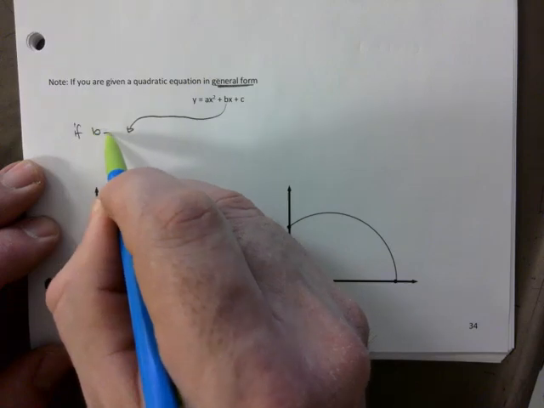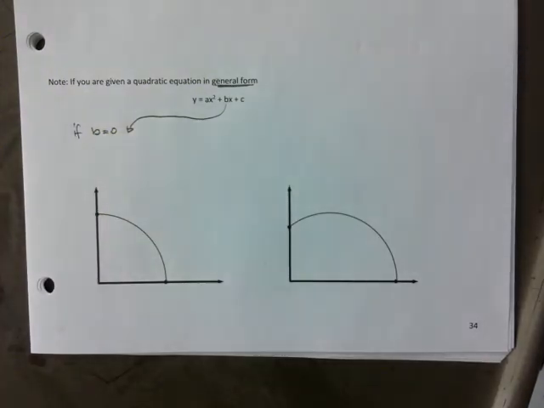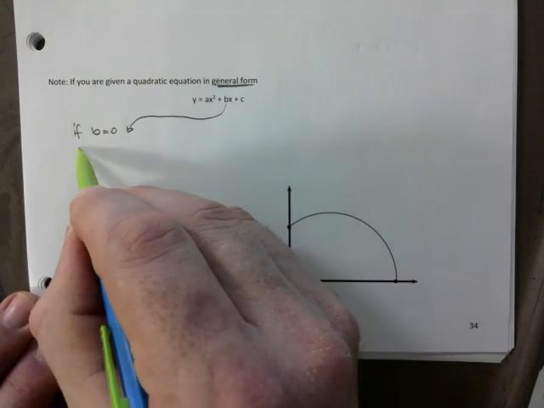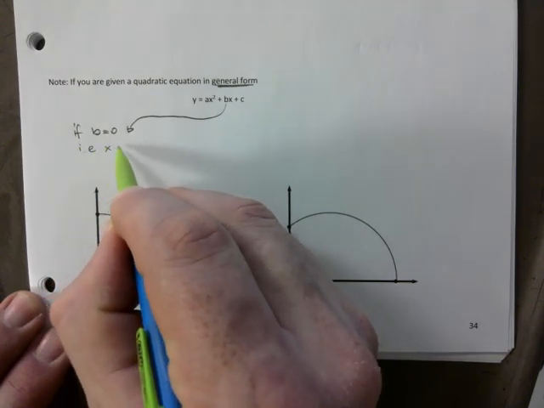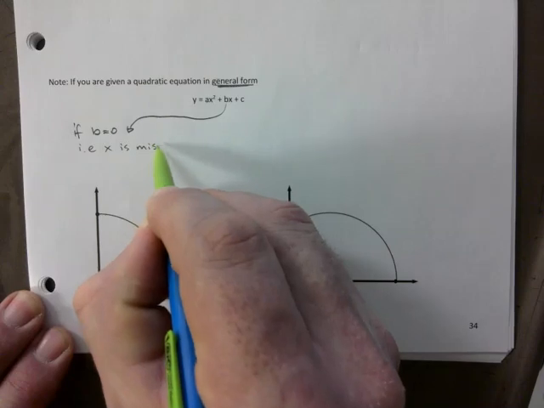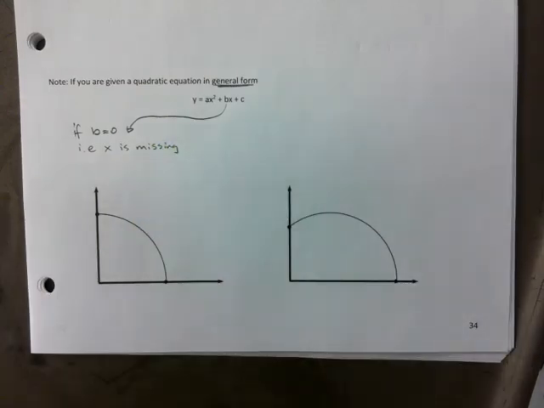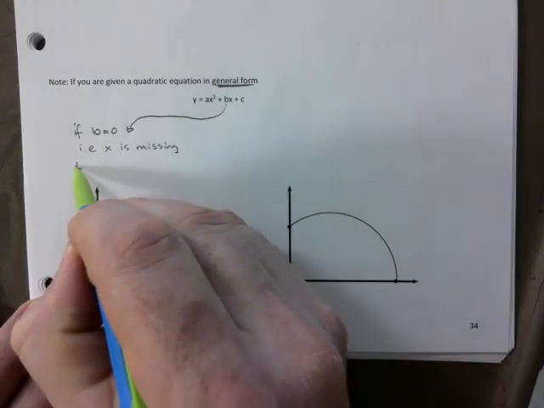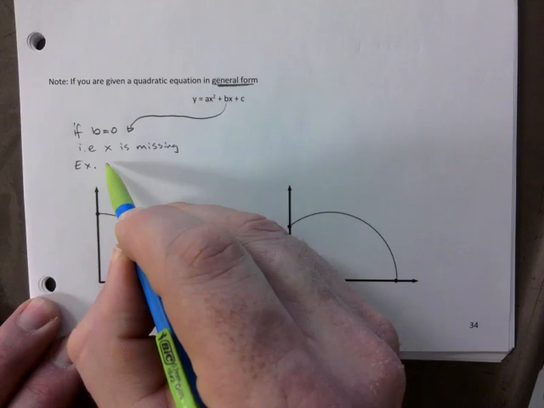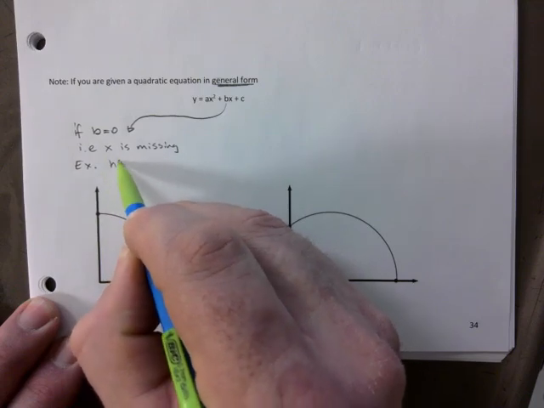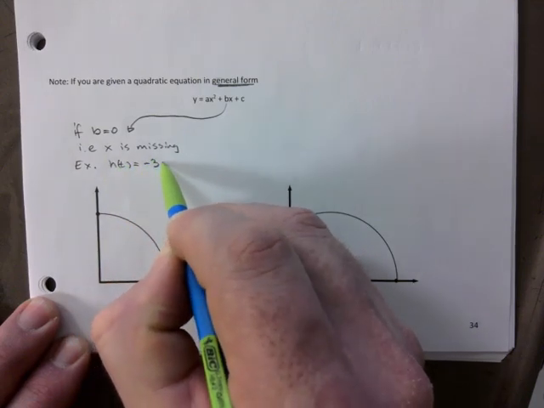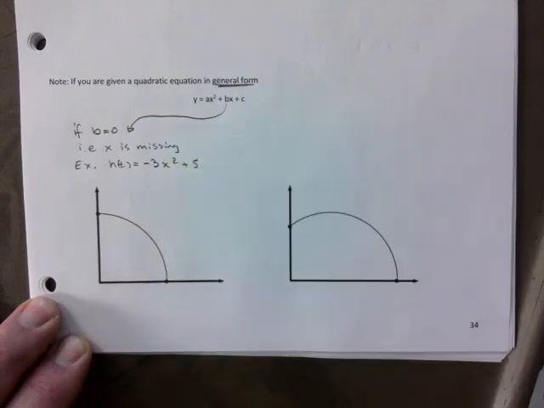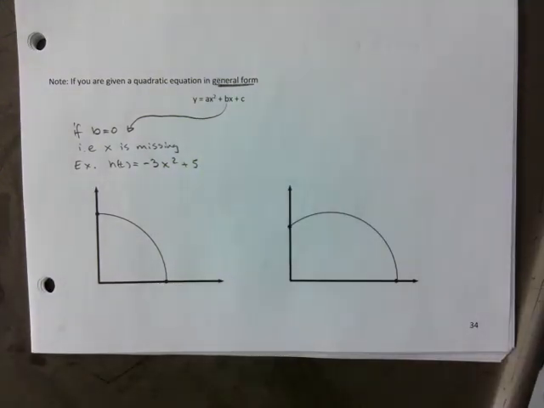If b is equal to 0, in other words, the x term is missing. Not x squared, but just the x term is missing. I'll give you an example. Let's say you have h of t is -3x squared plus 5. Can you see that x is missing there? It's very obvious.